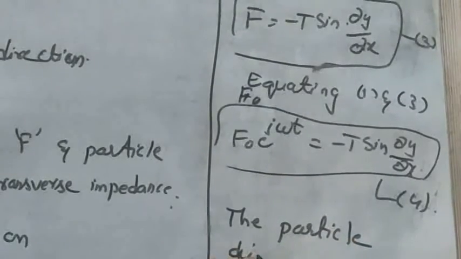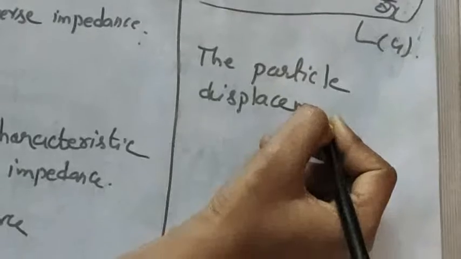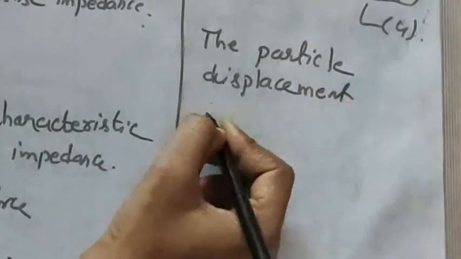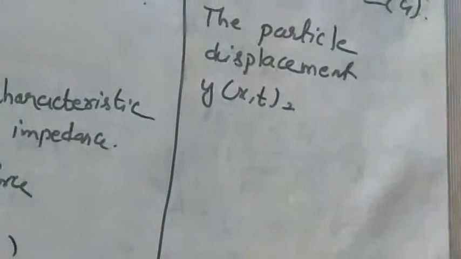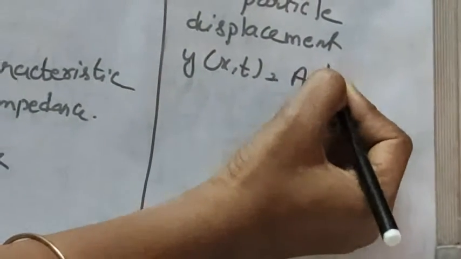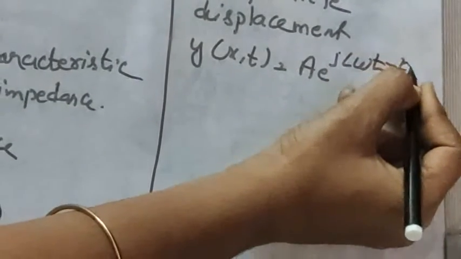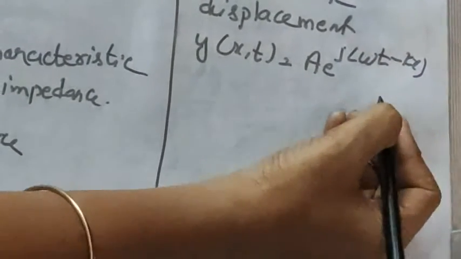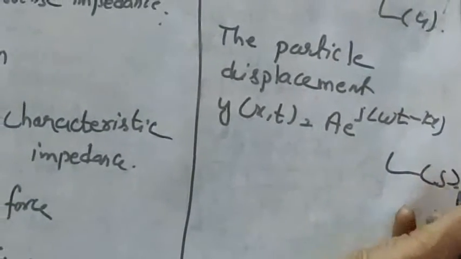You know that the particle displacement y of x comma t is equal to A e power j of (omega t minus kx). Consider this as equation number 5.